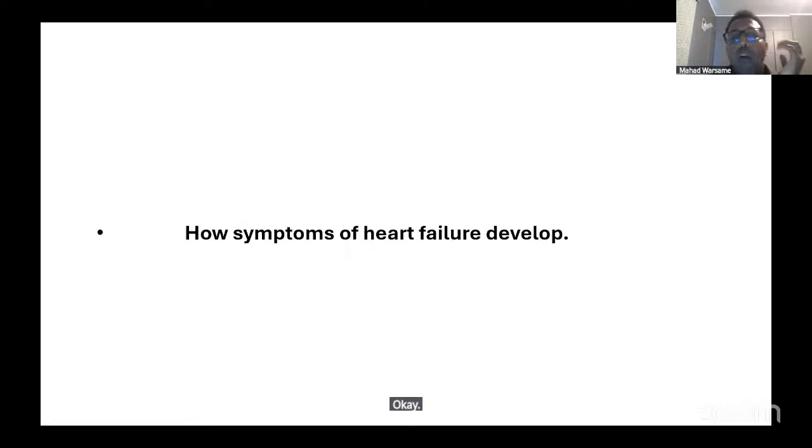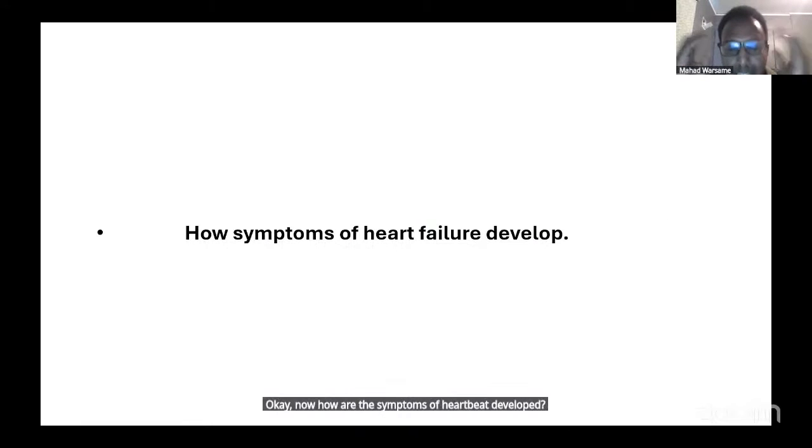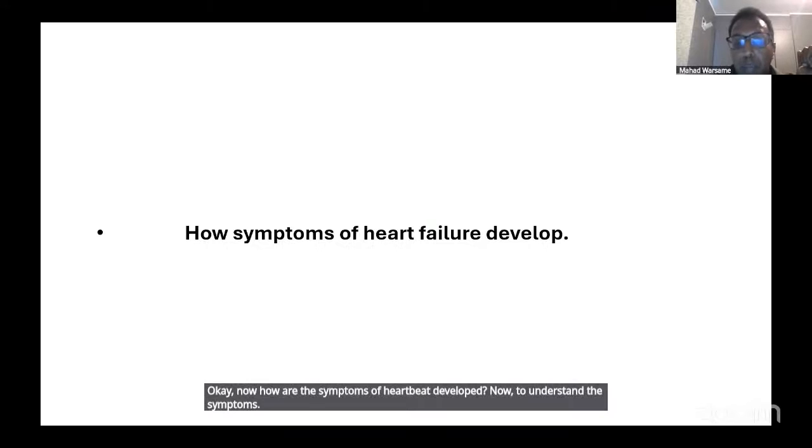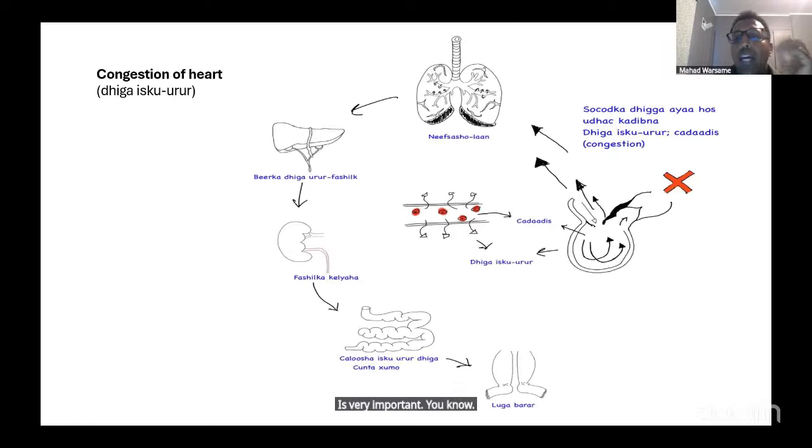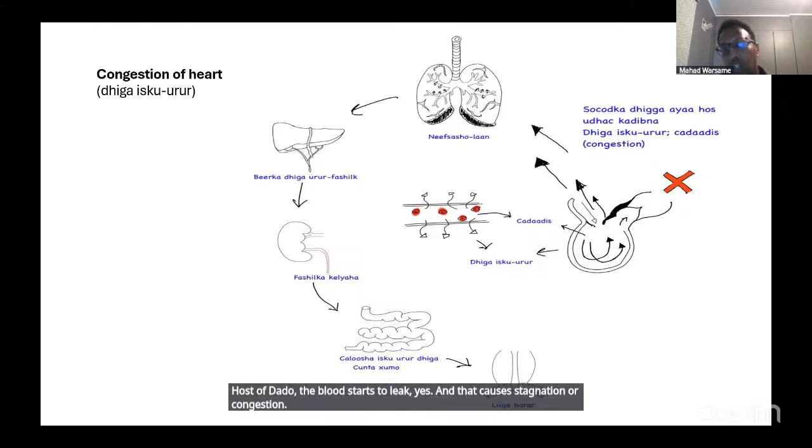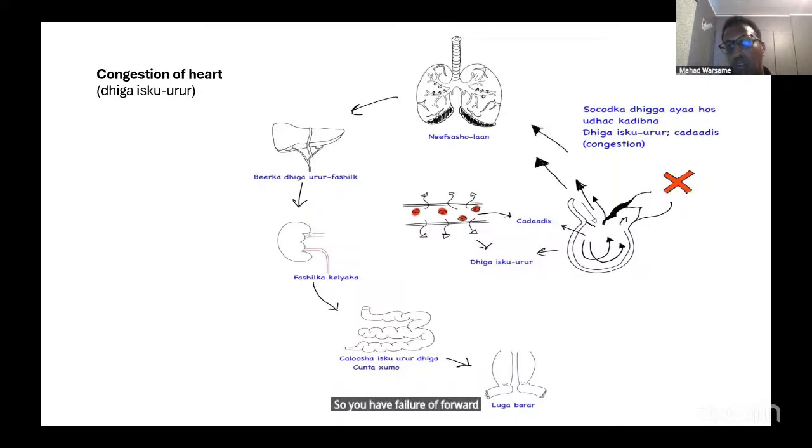Okay. Now, how are the symptoms of heart failure developed? To understand the symptoms is very important. What happens is that when the heart's pumping goes down, the blood starts to accumulate. There is a lot of pressure on the left ventricle, and that causes stagnation or congestion. So you have failure of forward flow, then congestion, then backward flow.